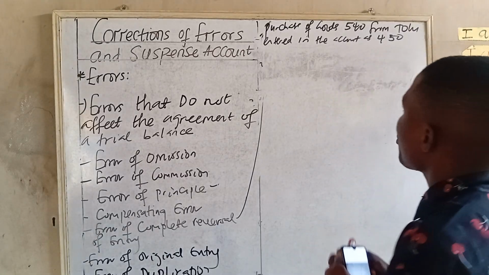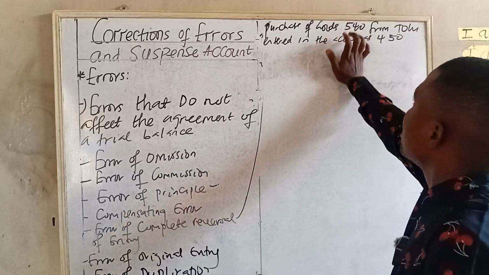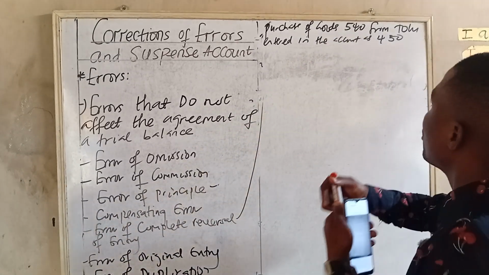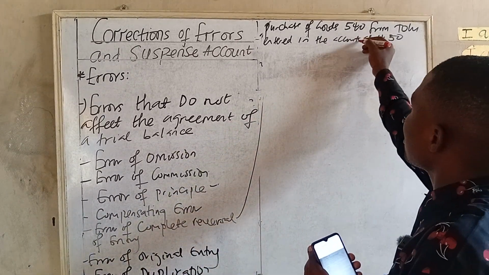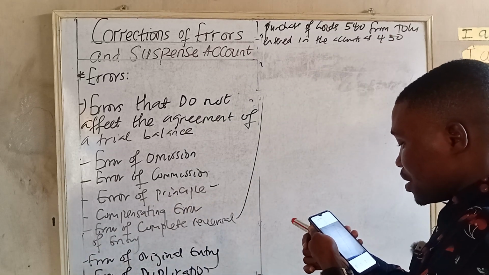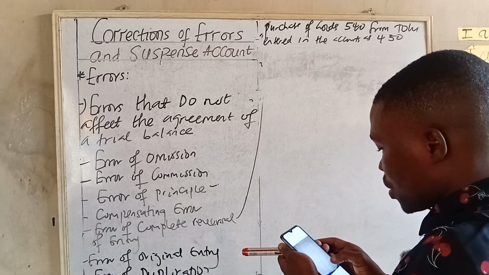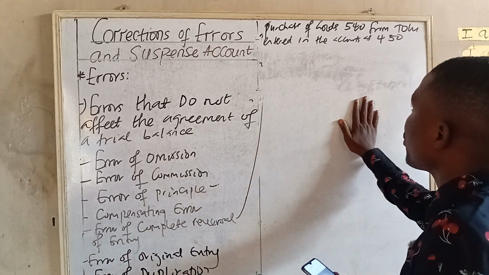So we are supposed to record 540. So we now record this in the account as what? As 450 here. So how do we correct this type of error?